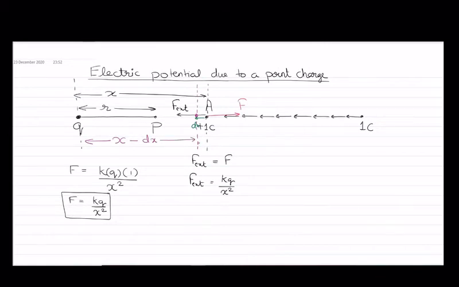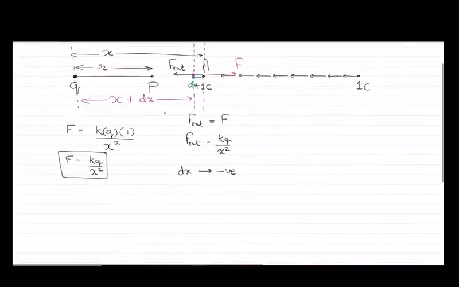But according to the convention, even when the distance is decreasing, we write it as x plus dx, and we say that dx is negative. Now F external is along the negative x-axis, and dx is also along the negative x-axis.